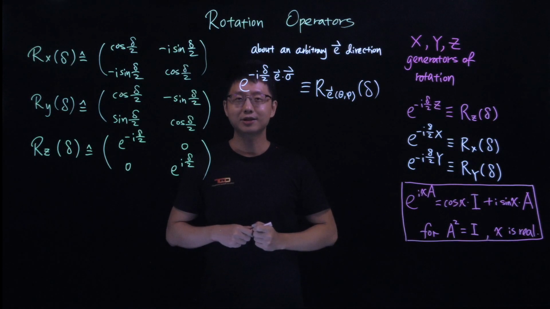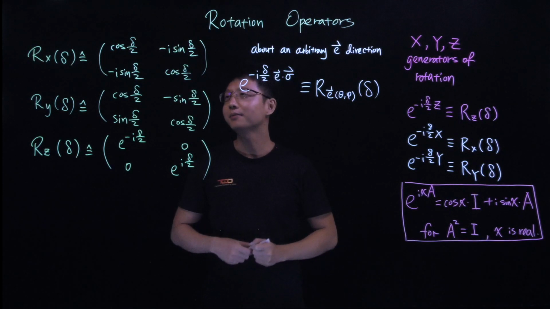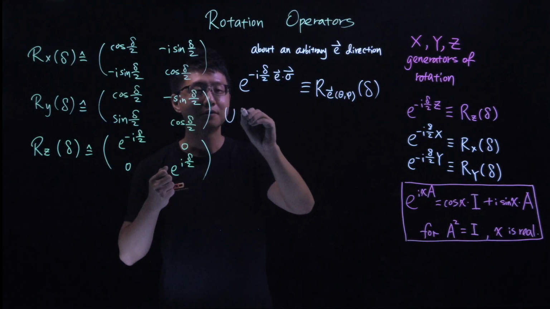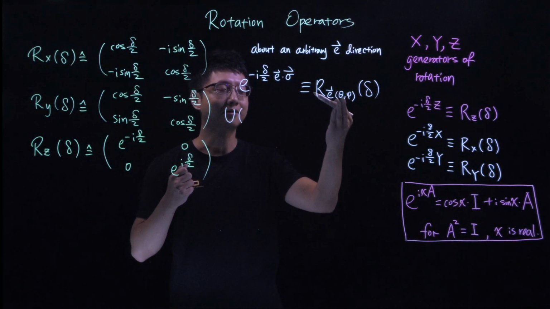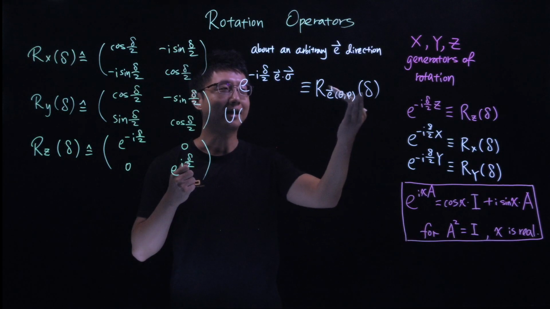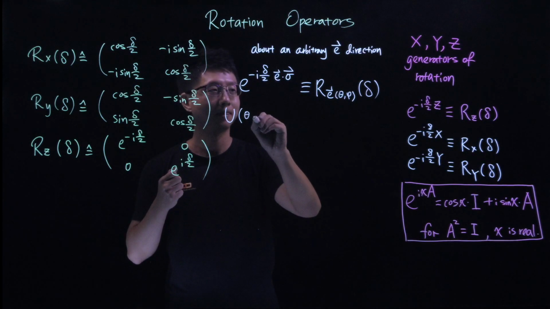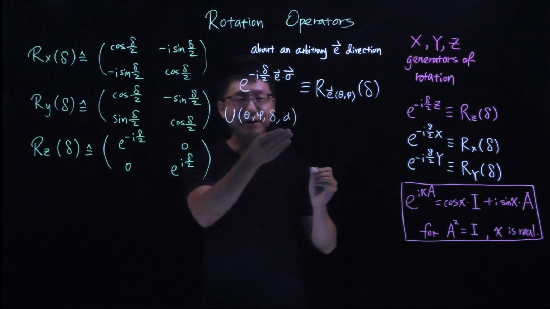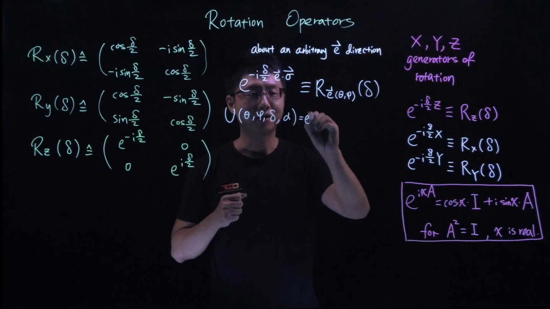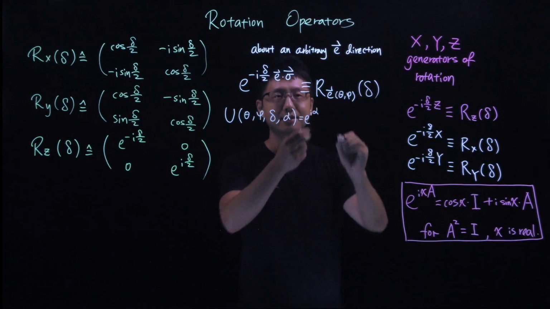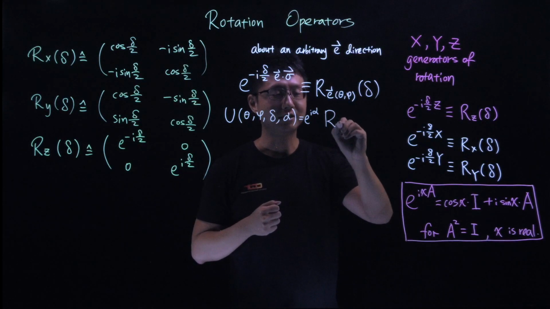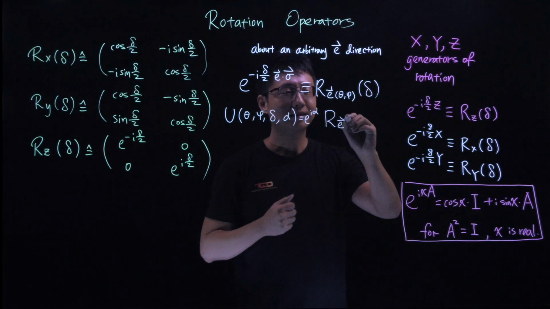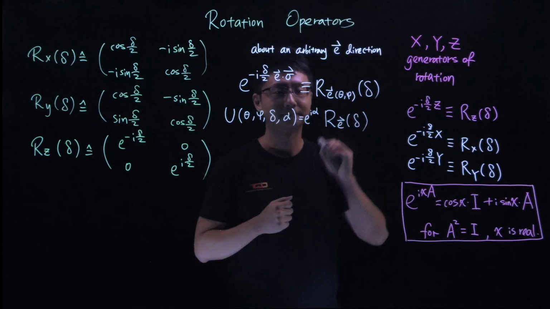Hence, the most general unitary operation that we can perform on a single qubit must be of the form U, which is parametrized using the three parameters theta, phi, and delta, with an irrelevant global phase factor e to the power of I alpha in front, and this rotation around a general arbitrary axis e and by an angle delta.